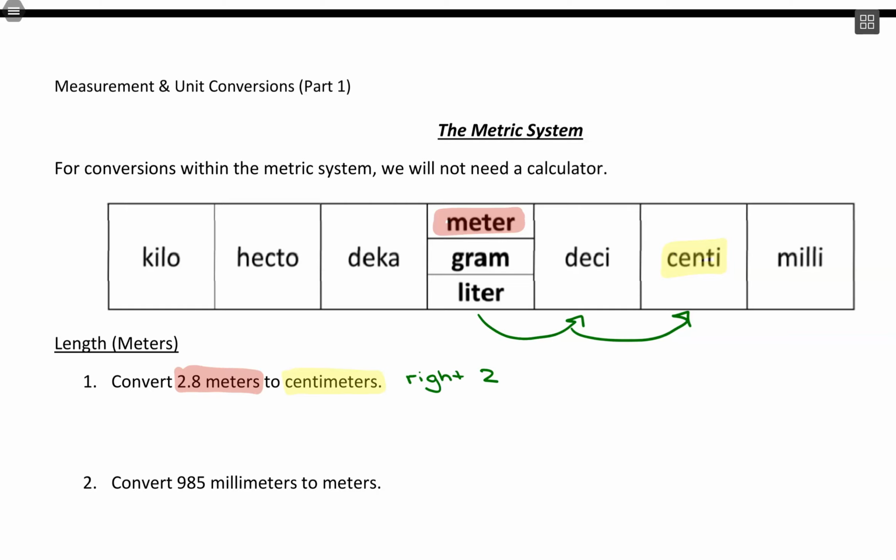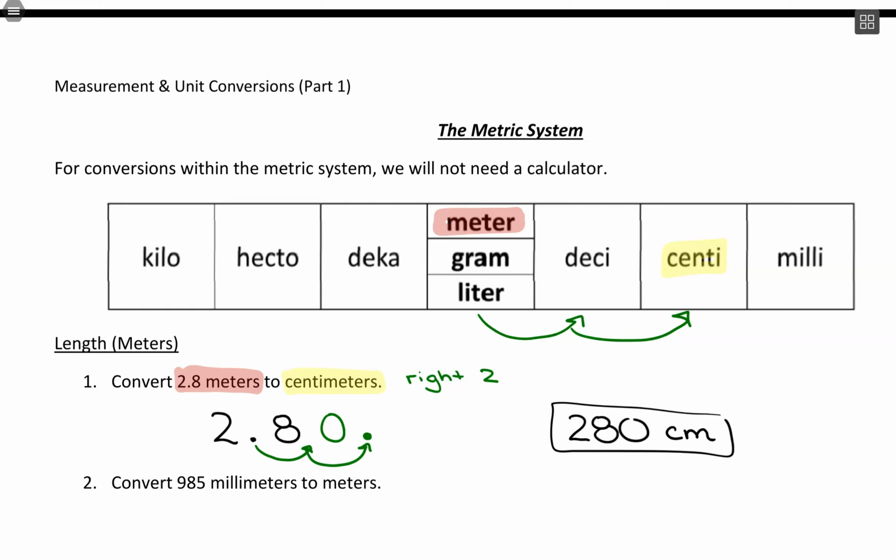If I have 2.8 meters, I'm just going to write 2.8. What I'm going to do is pick up the decimal and move it that same distance. So I'm going to go 1, 2. My decimal ends up there, which means I need to fill in the blank with a 0. So 280 with a decimal is just 280. And this is centimeters.